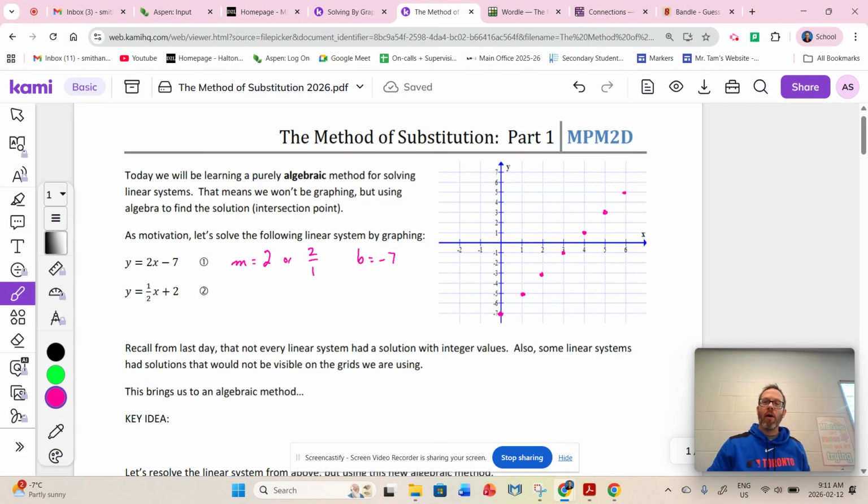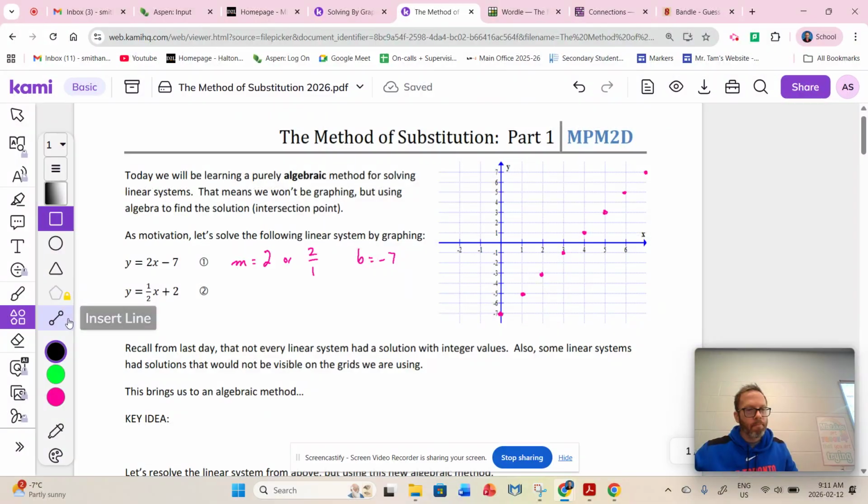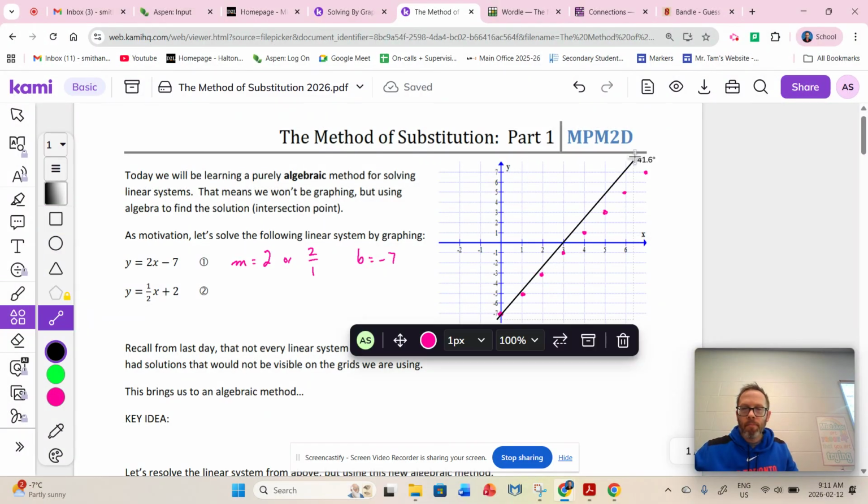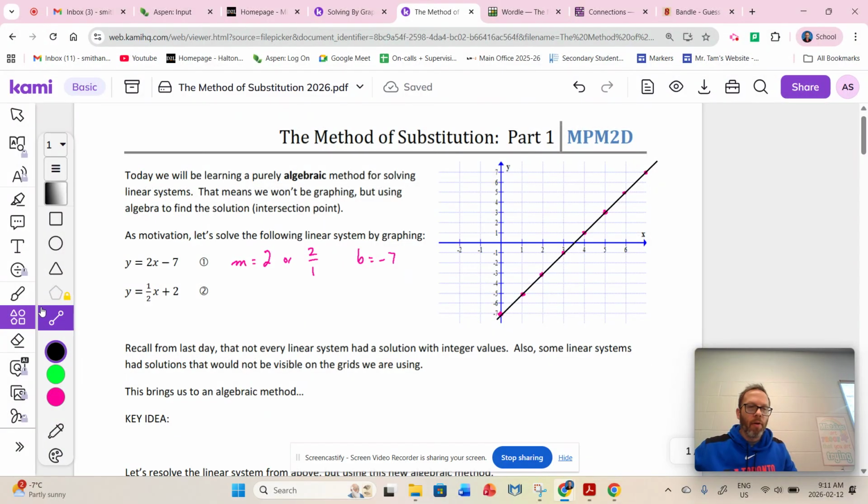We've reviewed this a lot. All right, there's that line. And I've labeled this one line 1. That makes it convenient to label. I'll just put a big 1 there.